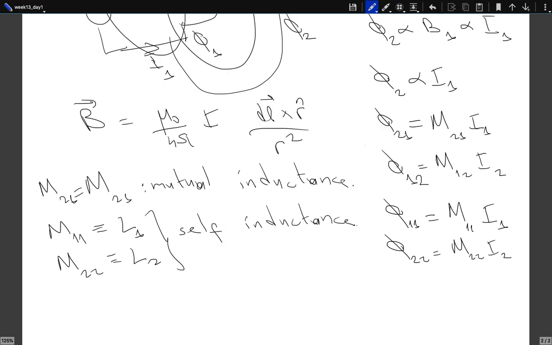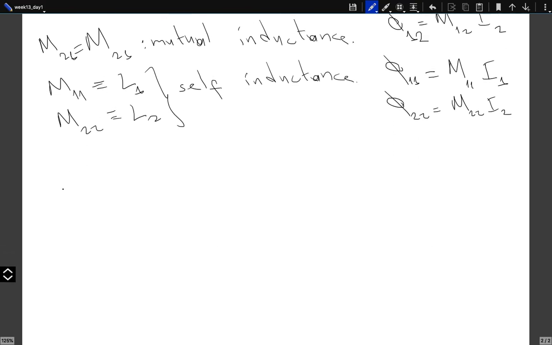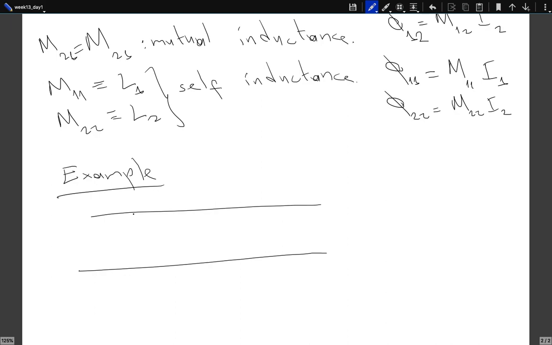Now let's calculate an example of this mutual inductance. Well, we already know the solenoid. Let's assume we have an infinitely long solenoid.